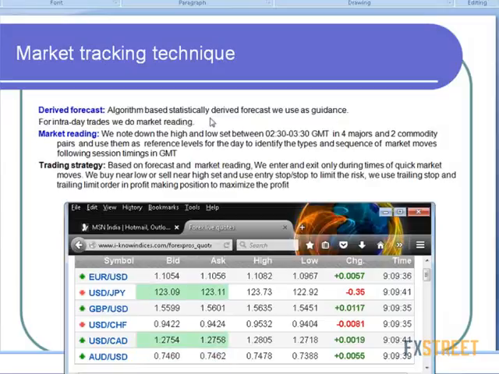Now we're in the gap time. 13 to 13:30 GMT is the gap time. Then from 13:30 onwards, the US session starts. So we should find what sort of moves the players intend to make during this time frame. Then after the market reading, we will also touch upon the trading strategy.